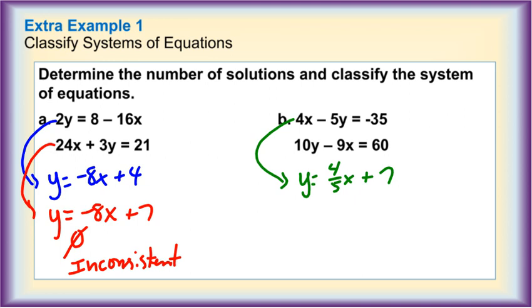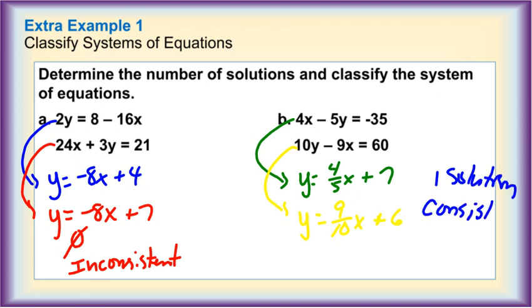This next one here would be y equals, add 9x to both sides, and then divide by 10, so that will give us positive 9/10 x plus 6. Two different lines because the slopes are different and y-intercepts are different. So this is one solution. And this is consistent. And this would be independent.